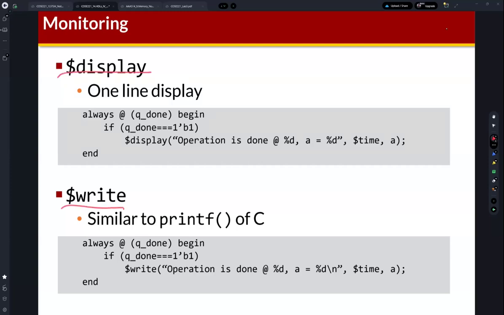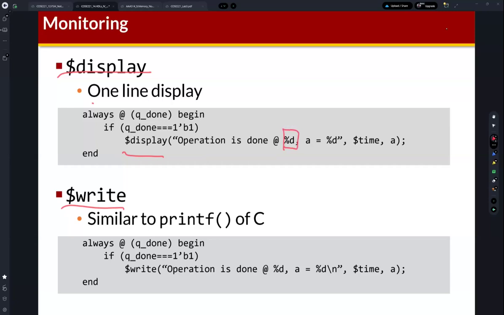So display is the one line display. You can find the display function here, and inside of the display you can find some character arrays, similar to the printf.